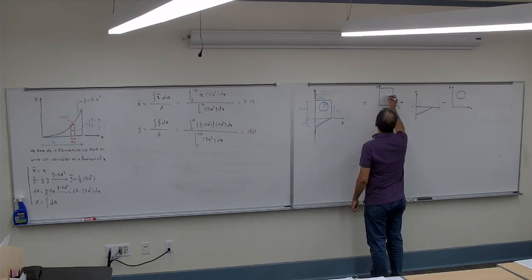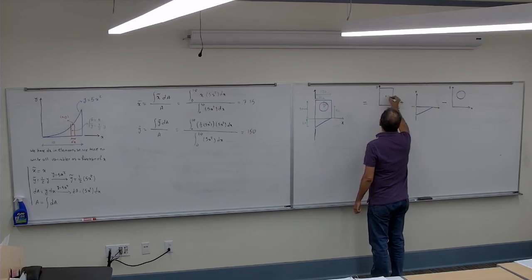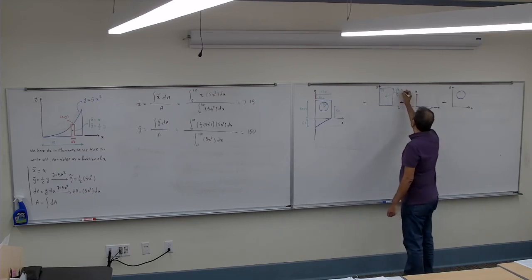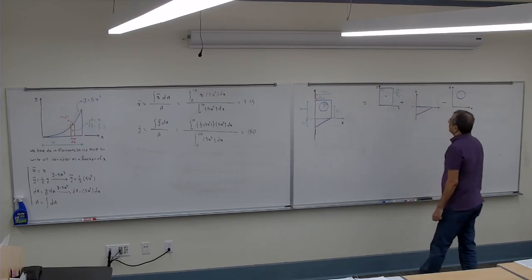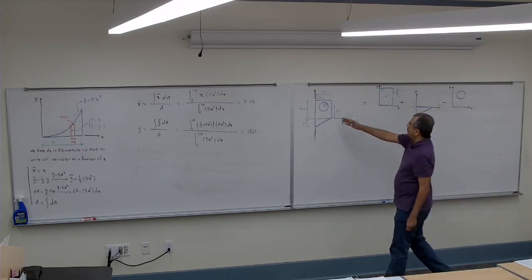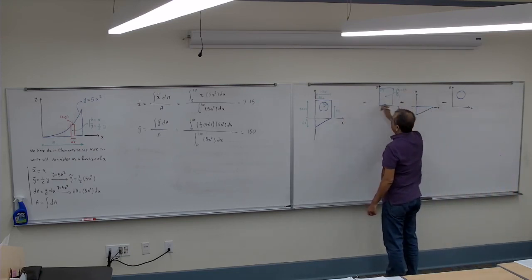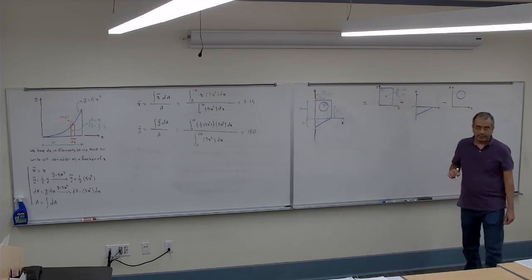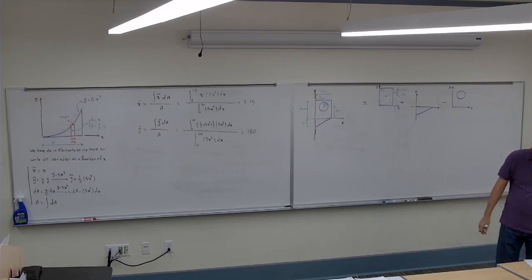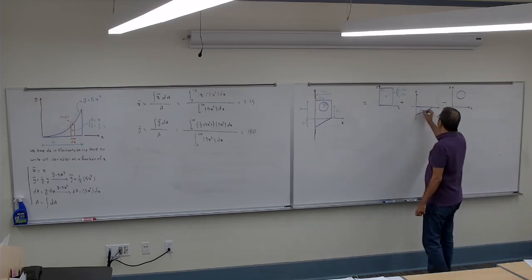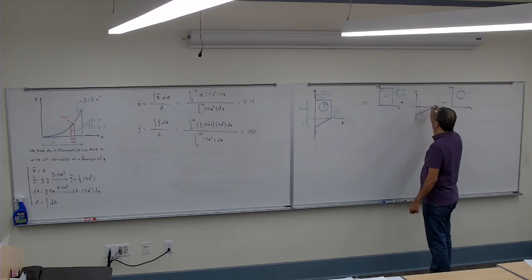So the centroid for this one, assume this is the one. If 120 is going to be 60, and if it is 80, it's going to be 40. Correct? Centroid for this one, remember that the centroid for the triangle is 1/3 from the base.